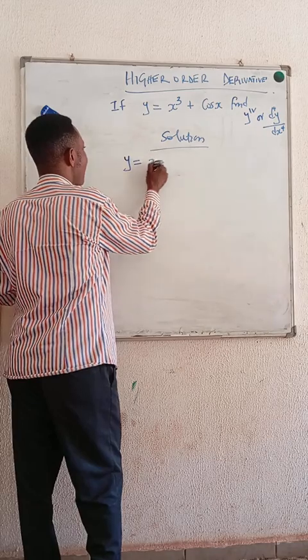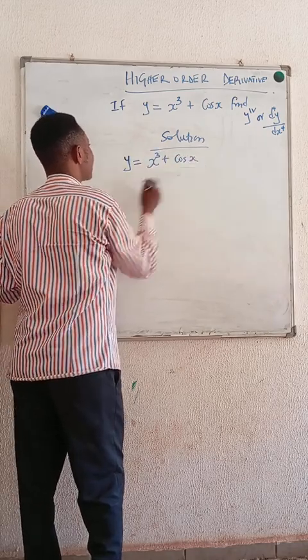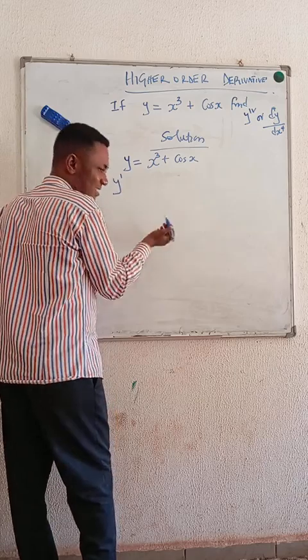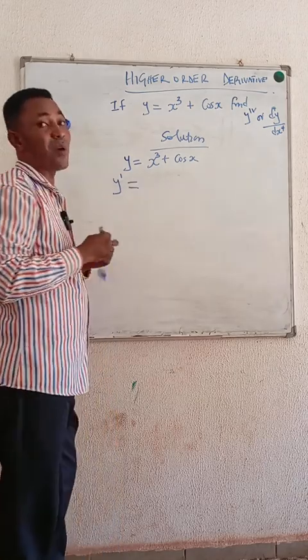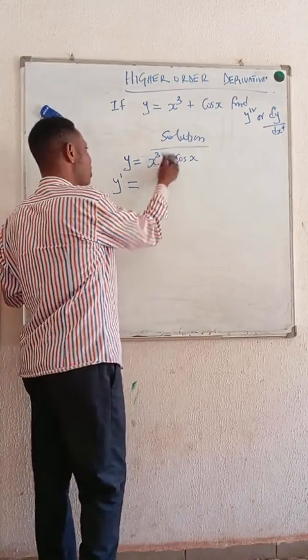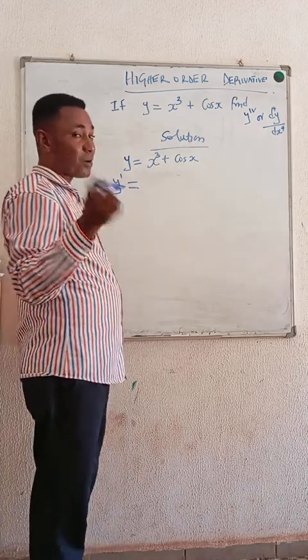Y equals x power 3 plus cos x. The first one, y prime, or dy/dx, is the same thing. Remember, we are still using the power rule, which is very important.